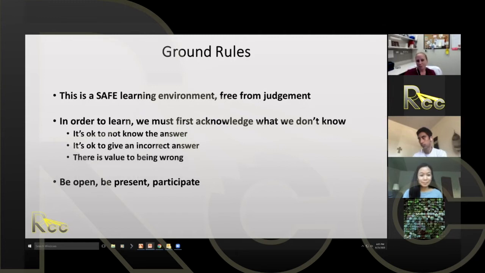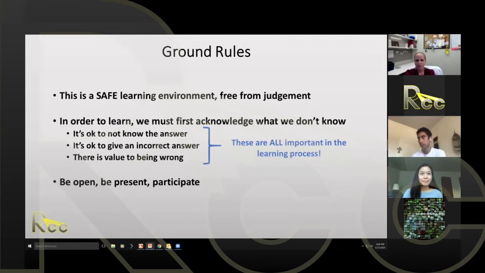There's value to being wrong. Oftentimes, you're more likely to remember your mistakes and learn from them versus just memorizing the right answer when you forget it 2 weeks later. So it's just important that all of us are aware of these aspects of the learning process, and I really hope that by reviewing these things, it really will encourage people to be open, be present, and participate today.